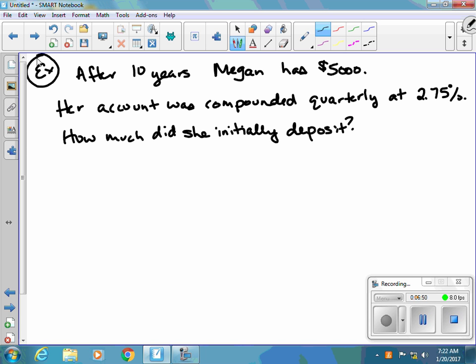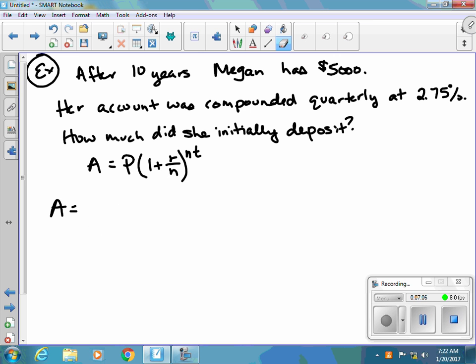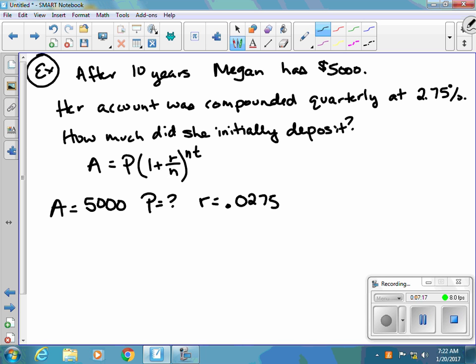Again, we're still using that same formula. So looking at this changes up a little bit. That A is 5,000. P is what we're trying to find. R, again, it's a percent, so we got to change it to 0.0275.